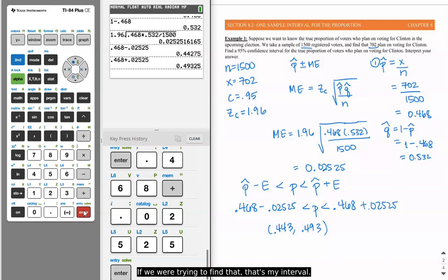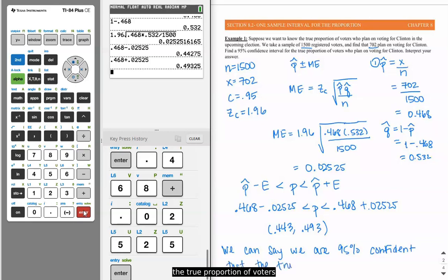So that's my confidence interval, that's my interval. But let's interpret that. We can say, or maybe you could even just say, we are 95% confident that the true proportion of voters who plan on voting for Clinton is between 0.443 and 0.493.